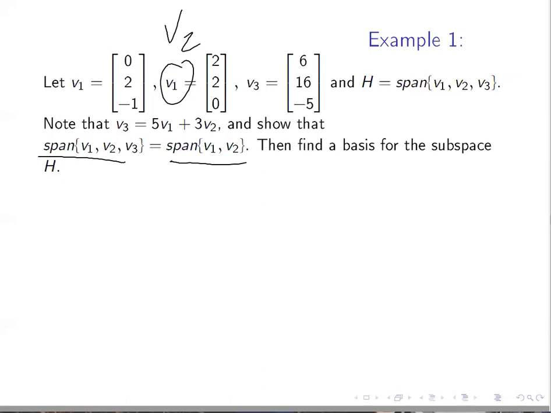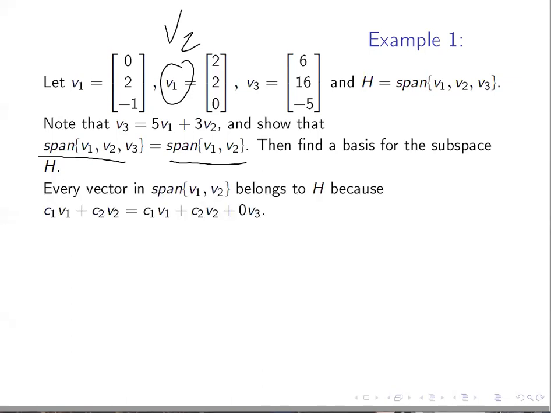Well, we already know that we can use v1 and v2 because they're a spanning set. We don't know if they're a basis. So are v1 and v2 linearly independent? The answer to that is yes, because they're two different vectors.